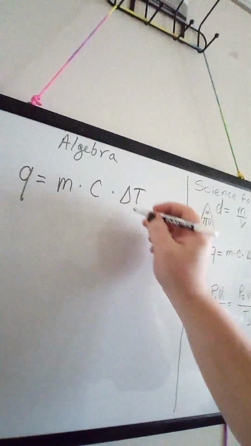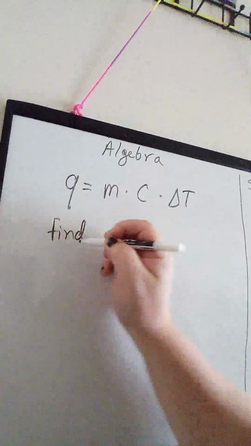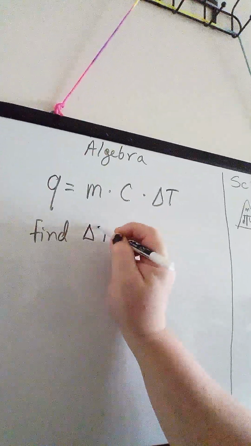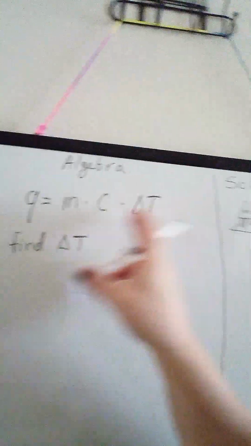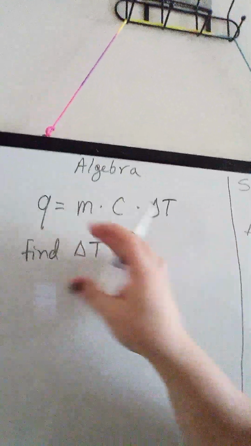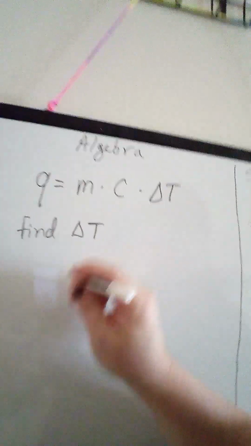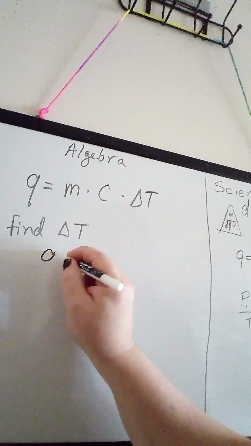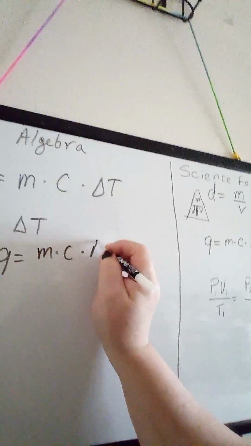So if I'm interested in finding delta t, using the same concept, I know this is a multiplication, so you have to divide by m and c on both sides, and I can find the change delta t. To do this, I can just rearrange it. So I have m times c times delta t.